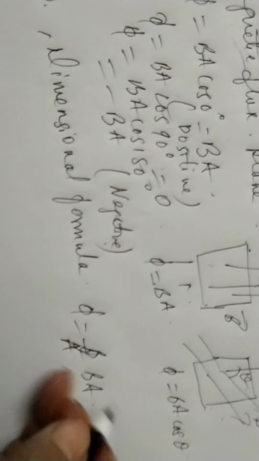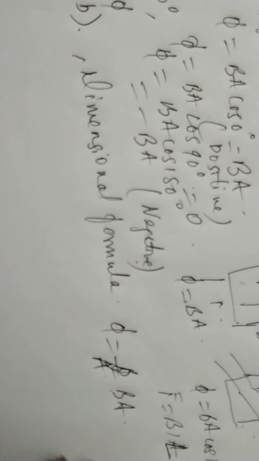For B, we have the formula F is equal to BIL sin theta, that angle we don't consider.